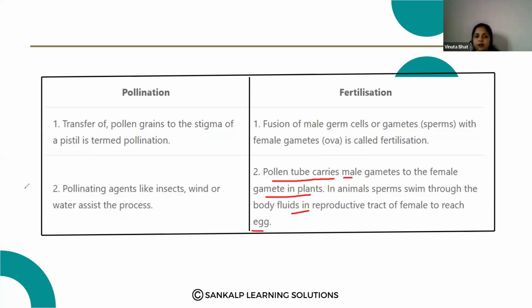In plants, fertilization takes place through the tube produced by the pollen tube, where the male gametes and female gametes fuse. In human beings, the sperms swim and reach the fallopian tube to fuse with the egg. So this is also one of the important questions.